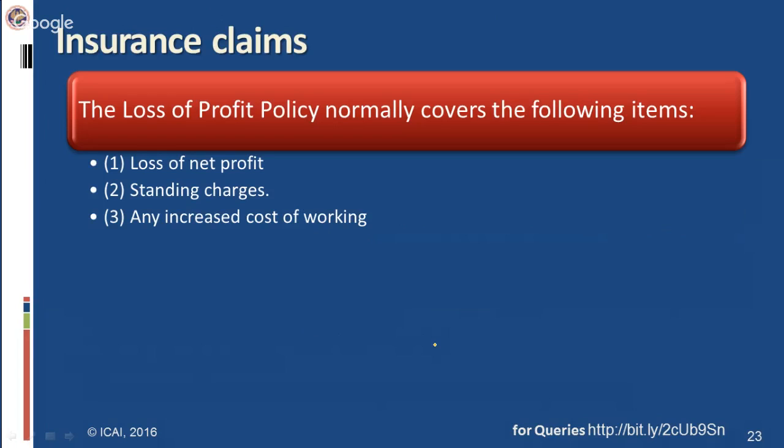What are standing charges? Even if you are not operating, even if you have dislocated, certain charges you have to bear. Suppose you have employed some permanent staff, or you have taken some electricity connection. Even if you are not running, the minimum electricity bill you have to pay, minimum MCD tax, all local taxes you have to pay. Even you have to pay the salary of the manager and staff.